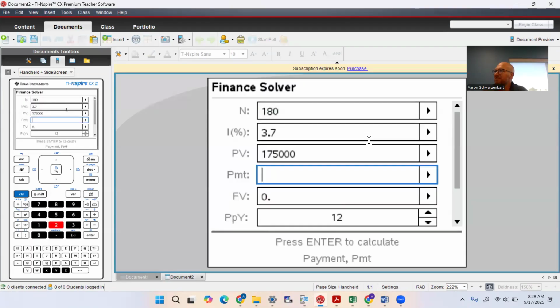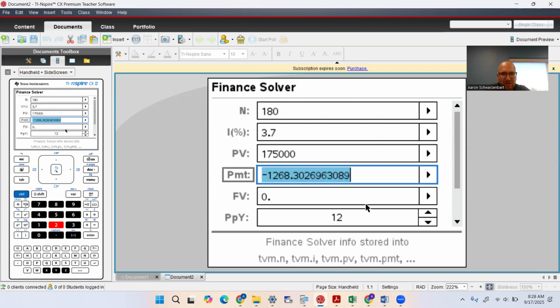Enter. I don't know why it didn't work for me before. Hit the enter button on the calculator. Unable to calculate. Go back. Let's hit OK. Just hit enter. Enter usually gets you what's defaulted.